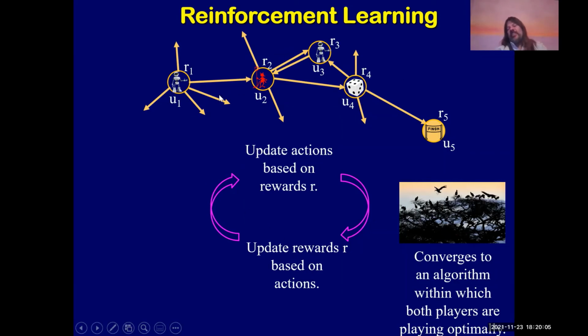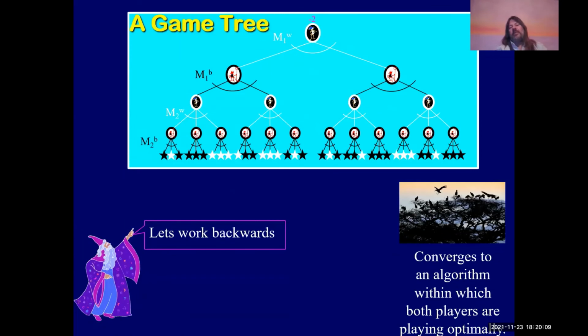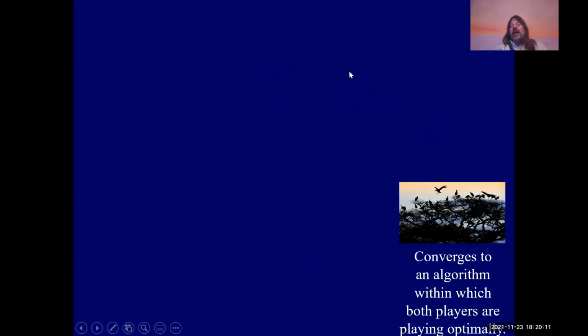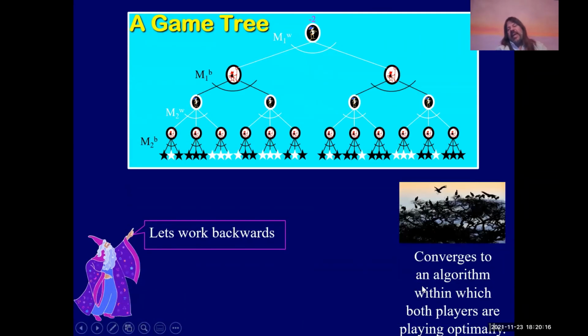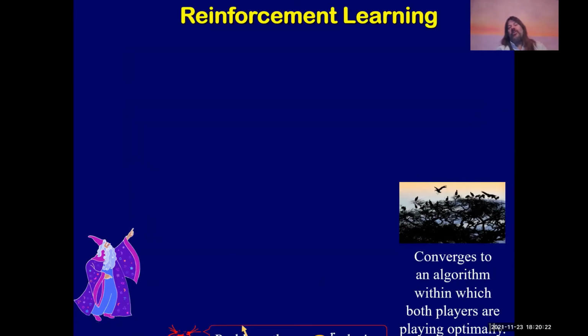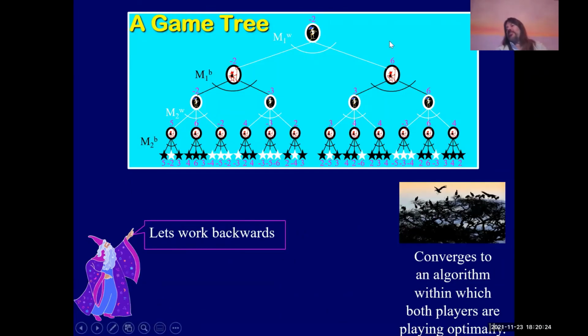So it does converge to the optimal way to play this game, right? And now, does it converge? Well, in this case, we started at the end and we bubbled backwards, and it converges. You calculate the values backwards. The advantage of this tree is it doesn't have cycles.